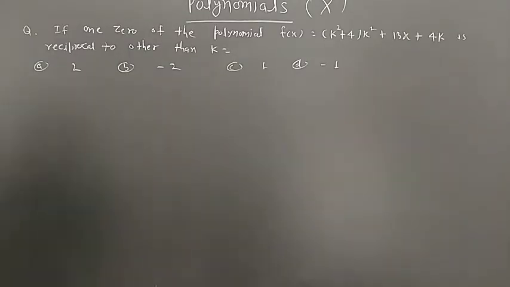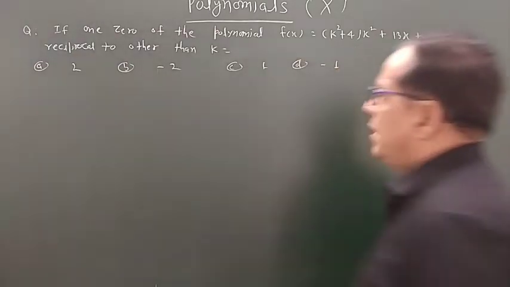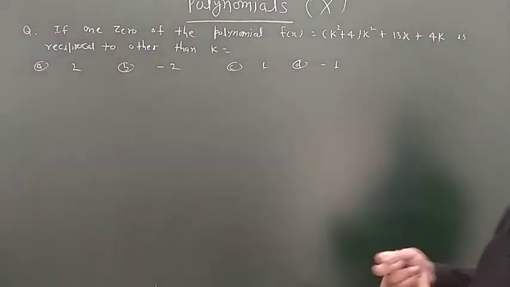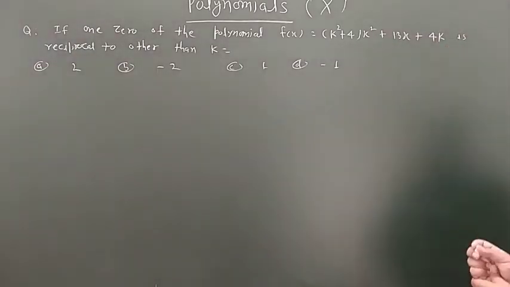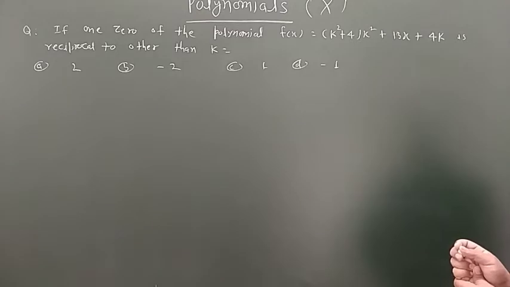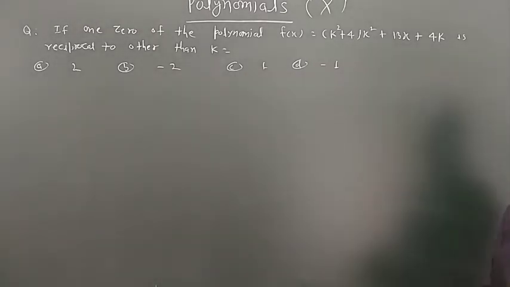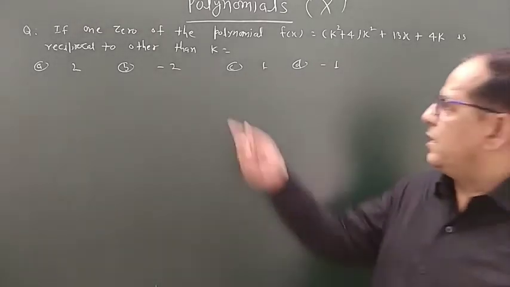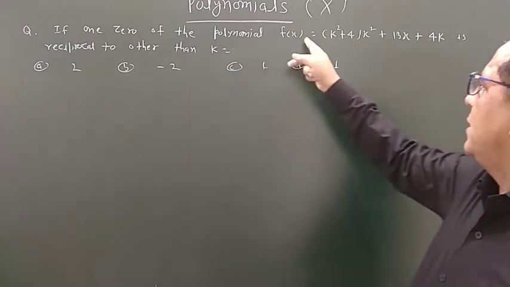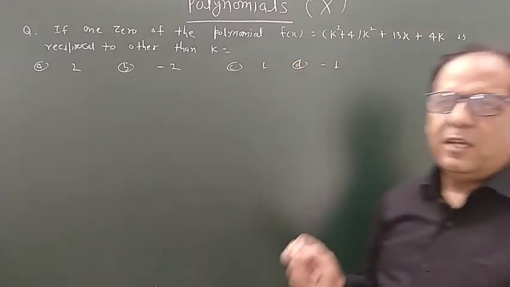Now one more question. If one zero of the polynomial f(x) equal to (k square plus 4) x square plus 13x plus 4k is reciprocal to the other, then we want to find the value of k. The four options are 2, -2, 1 and -1. Here, this is a quadratic polynomial, clear?